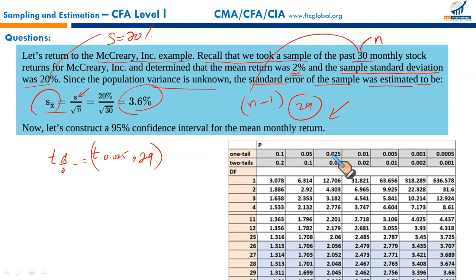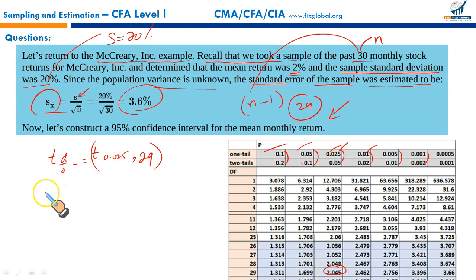See, if you take one tail, that is 0.025, or two tails combined, 5. So you can just see 2's half, 1's half, 5's half. So all this would represent the single tail. Down is simply the two tails. So what you're looking for is t 0.025 at 29, it is 2.045. That's exactly what we needed.